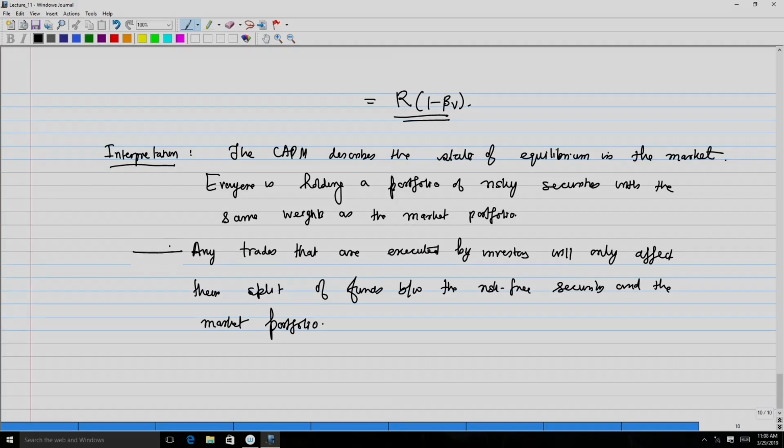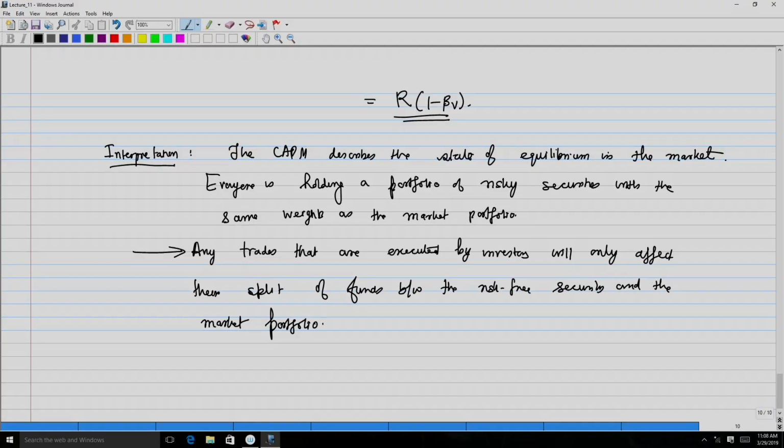However, if a disturbance is caused to this equilibrium, and by this I mean that any trade that is executed by the investor, that means the investor decides to add some additional asset from the risky component, namely the market portfolio, then it will affect only their split of the funds between the risky security and the risk free security.